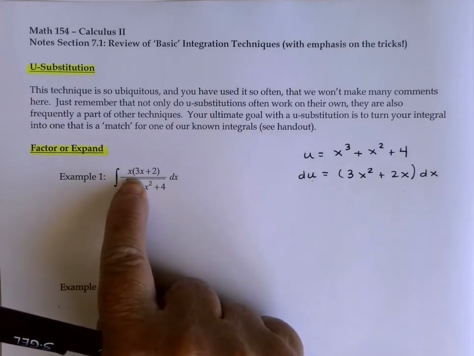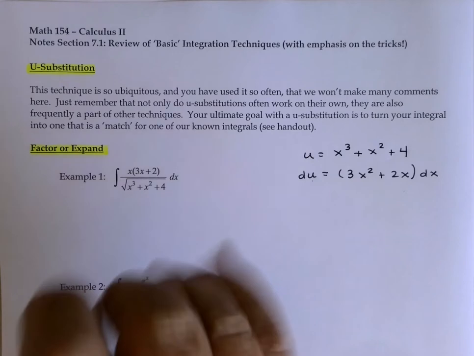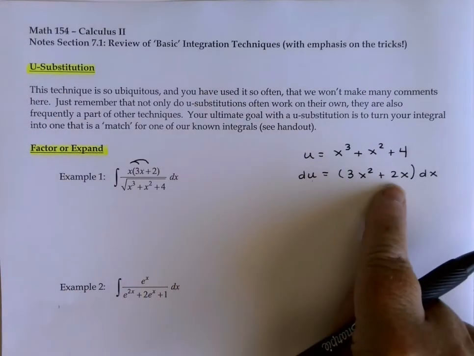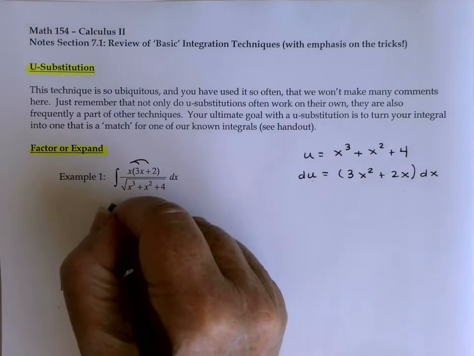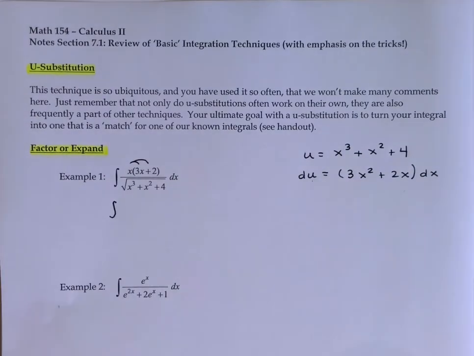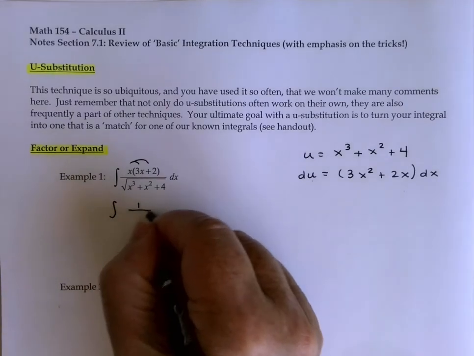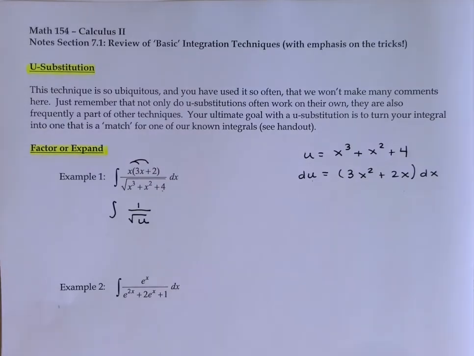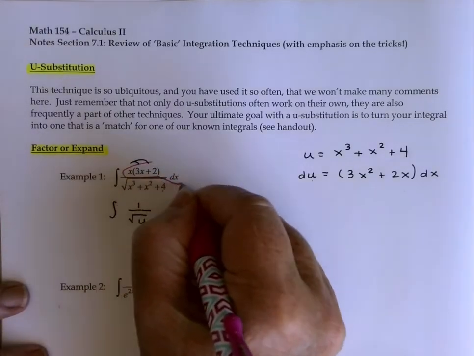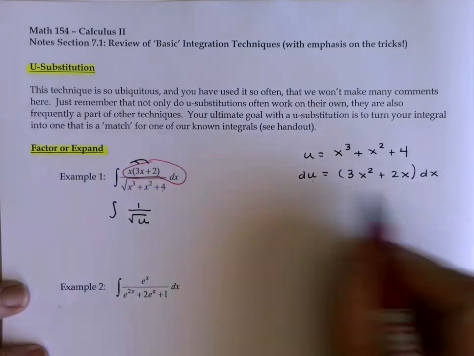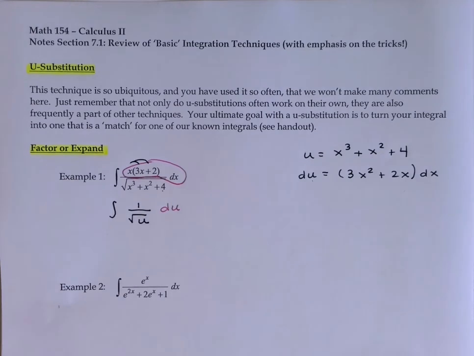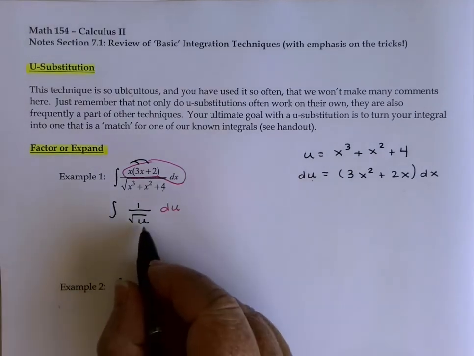But of course, it doesn't take much to realize that when we expand and distribute that numerator, that's exactly what we have. So I could simply rewrite this as 1 over the square root of u, and then all of this, 3x squared plus 2x dx, is really all the du. That makes this fairly easy to take the antiderivative.